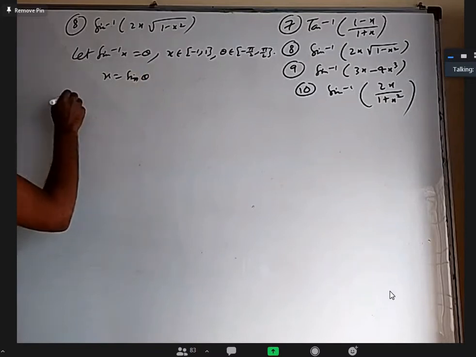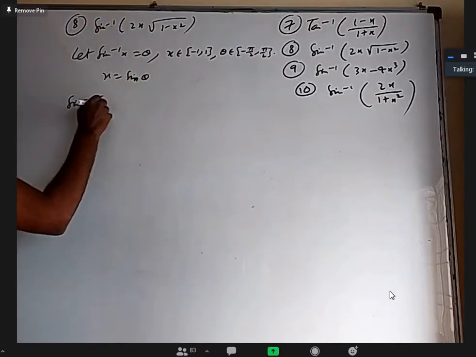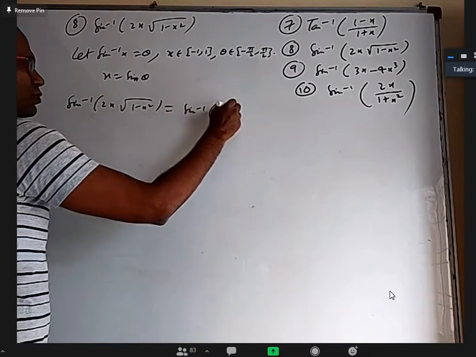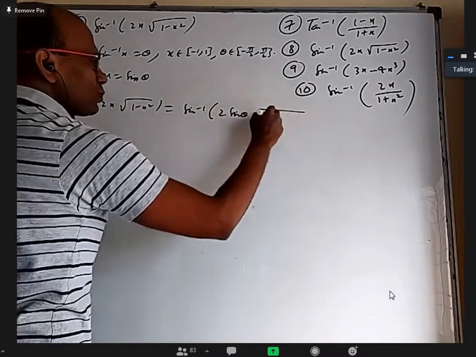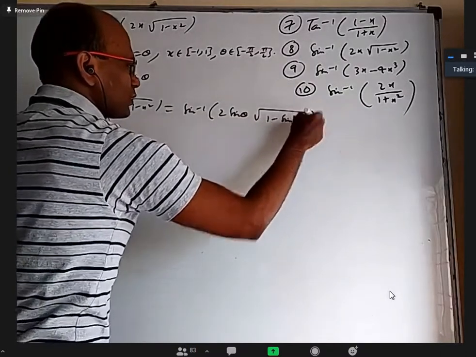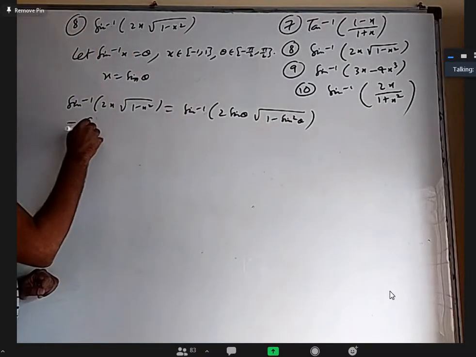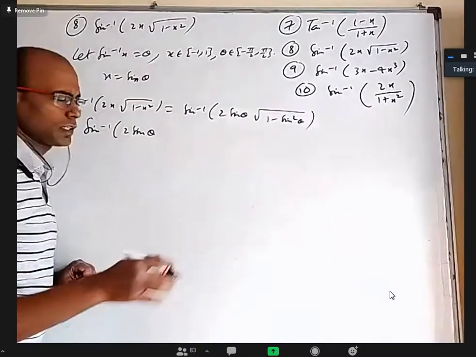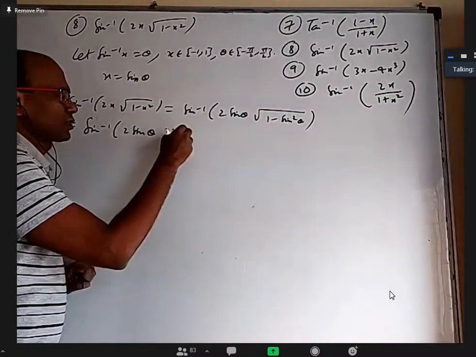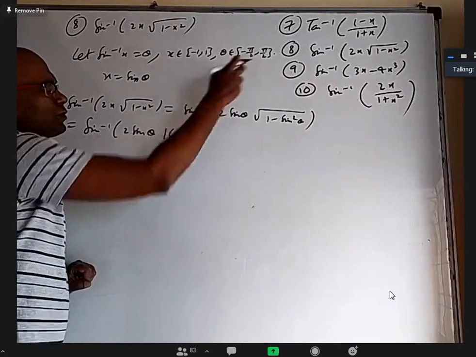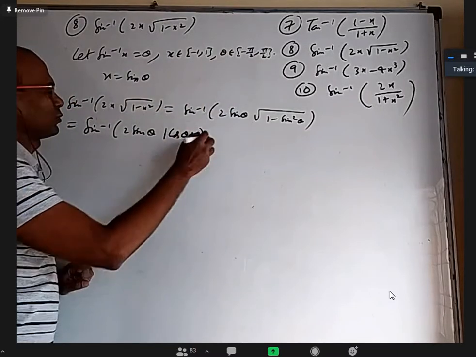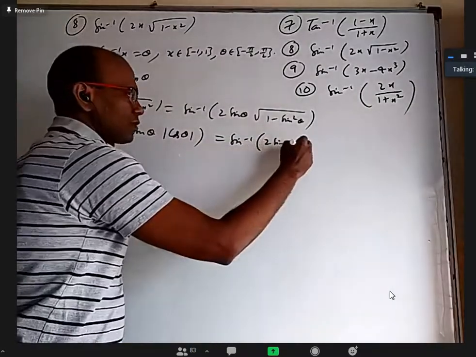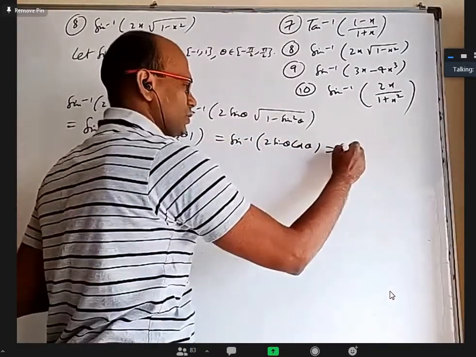Now starting with the question, 2x root 1 minus x square, sine inverse 2 sine theta root over 1 minus sine square theta. Root over 1 minus sine square theta is not cos theta, it is actually mod cos theta. But within this -π/2 to π/2, it is positive. That's why I can remove the mod and write sine inverse 2 sine theta cos theta, which is sine 2 theta.